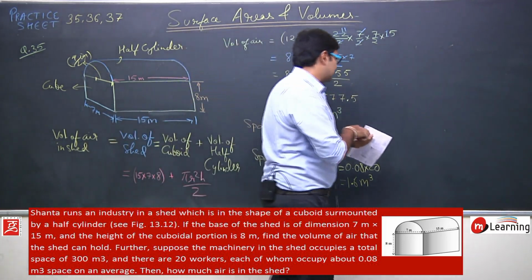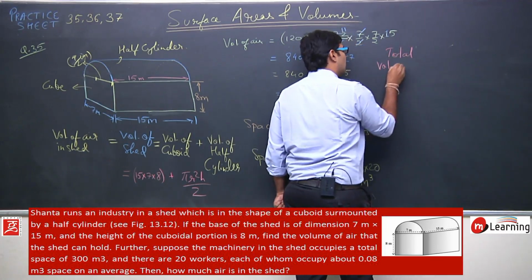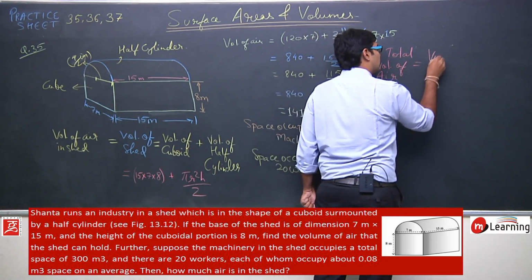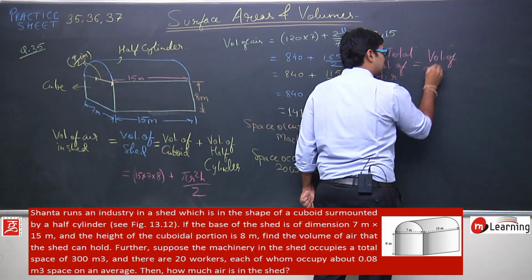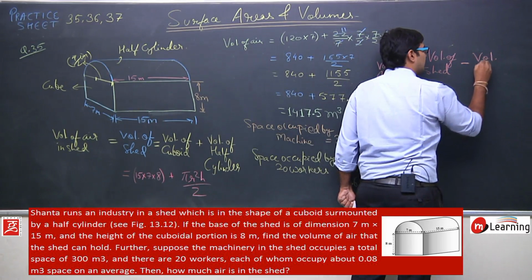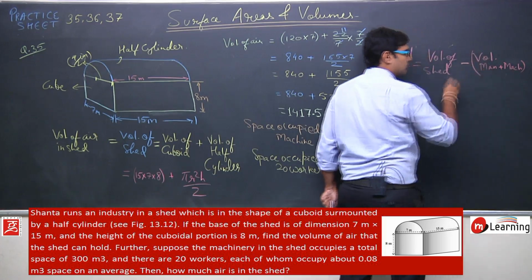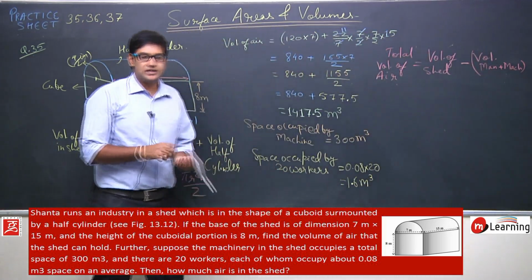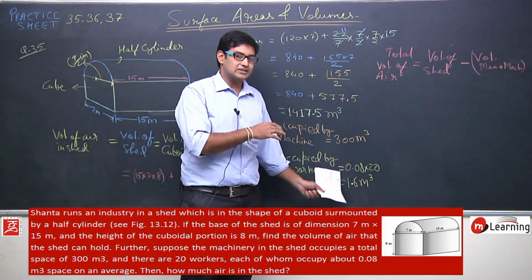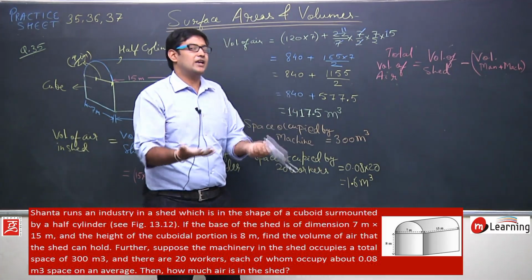So I will say that total volume of air will be equal to volume of shed minus volume of man plus machinery, okay. If I subtract the volume of machinery as well as the volume of the workers from the total volume of shed, the rest of the shed will be occupied by air, okay.